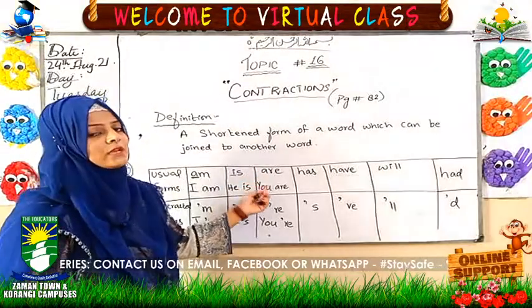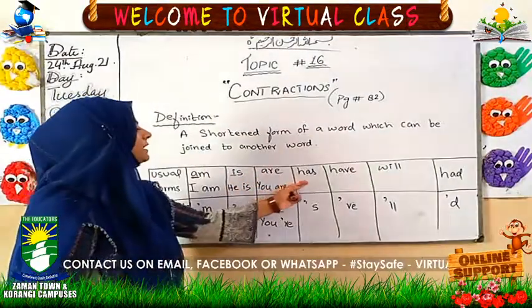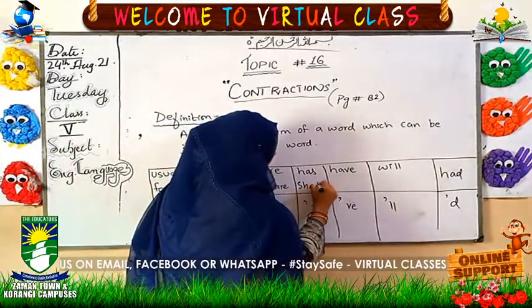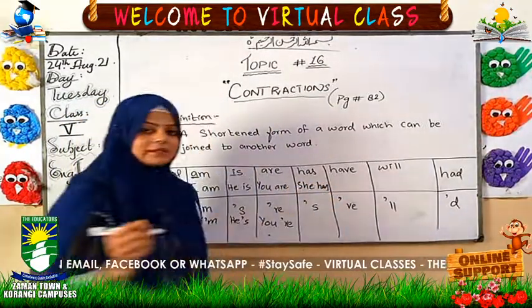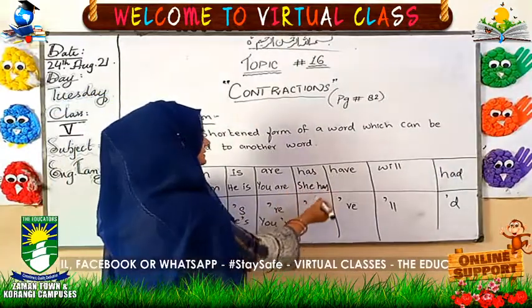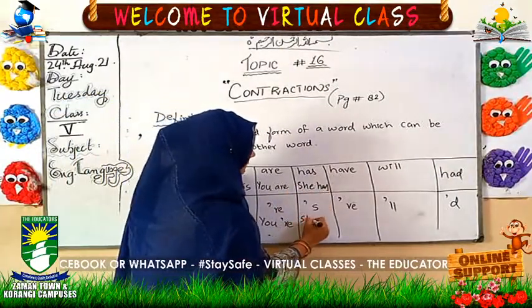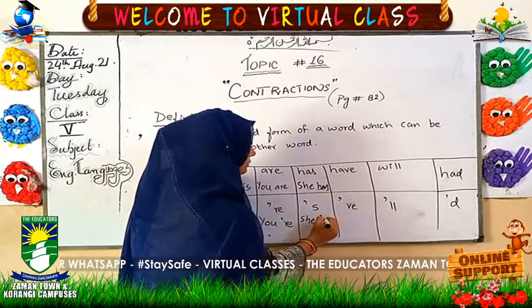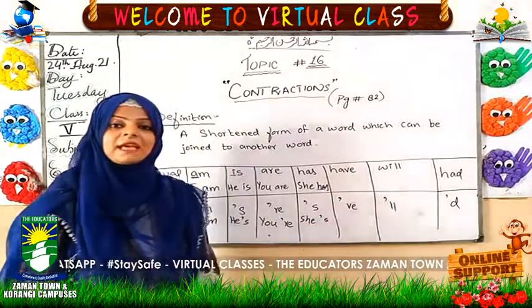A. Only a is skipped. Here we have has. Has is used with a singular subject. She has, he has. So what is the contracted form of has? It is only apostrophe s, because we are skipping h-a. So it will become apostrophe s.